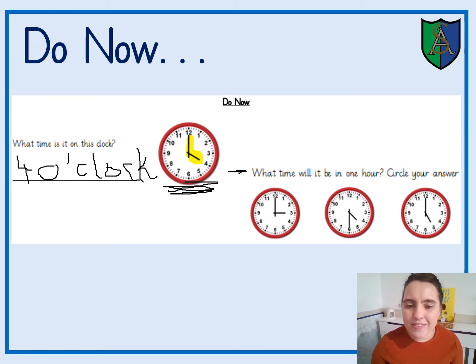It's asking us to think about what time it will be in 1 hour. So when that minute hand has gone all the way around the clock, and it's passed through all of those numbers and goes back up to the top, the hour hand will then move on to the next number, because it will have been 60 full minutes when that minute hand has gone round, and that means that we can move on to the next hour.